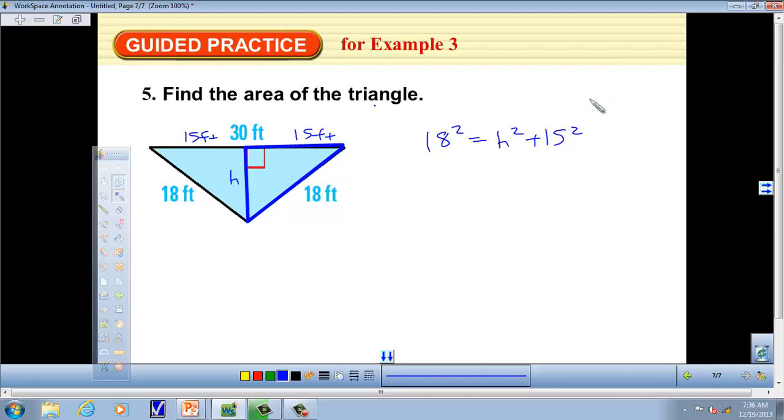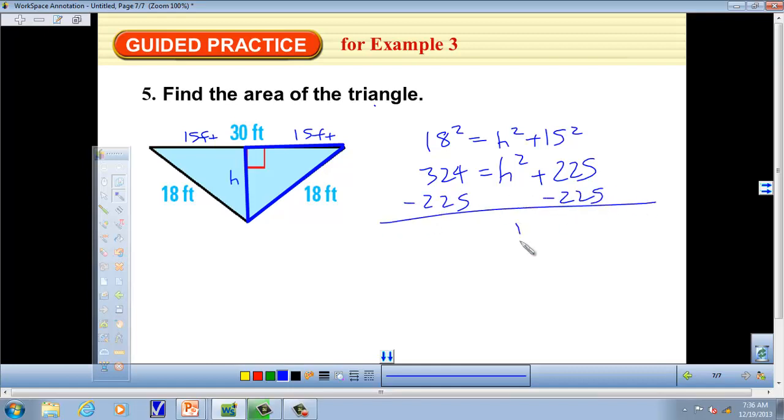and 18 squared is 324, and that equals h squared plus 15 squared, which is 225. We subtract 225 from both sides, and we have h squared here, and on the other side we have 99. We're going to take the square root of both sides, and h is approximately, it should be about 9.9, but I'm going to do it real quick.